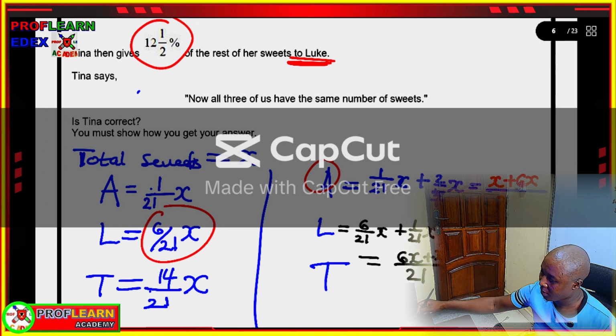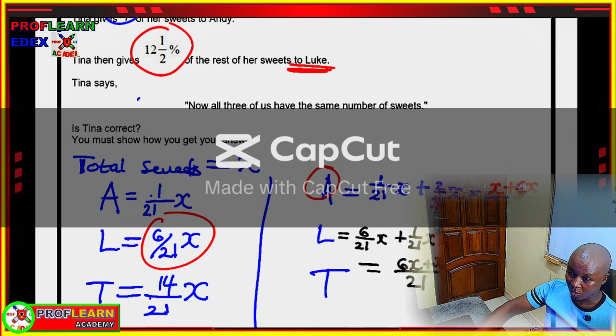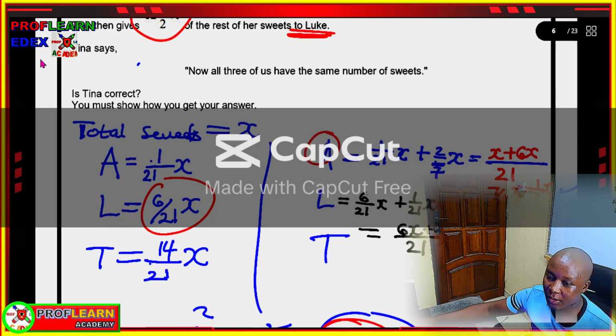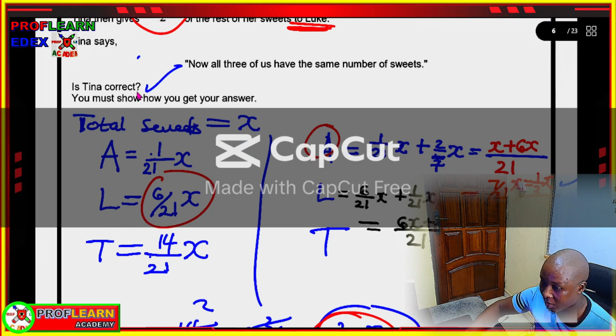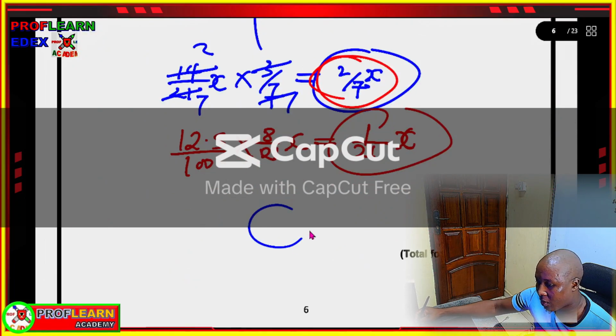So you can see Luke and Hadi have the same number of sweets, and that's exactly what we were supposed to show. Is Tina correct? Tina is correct.